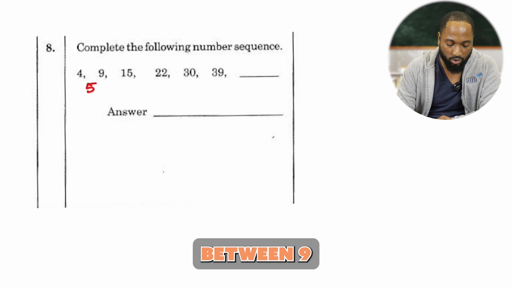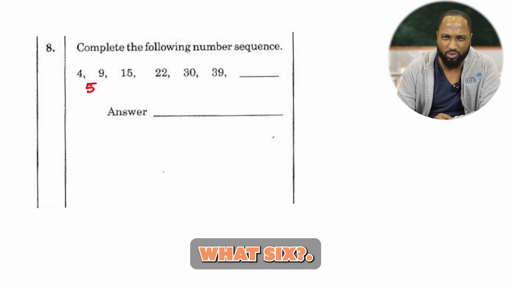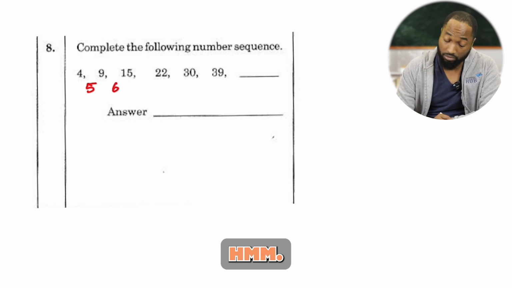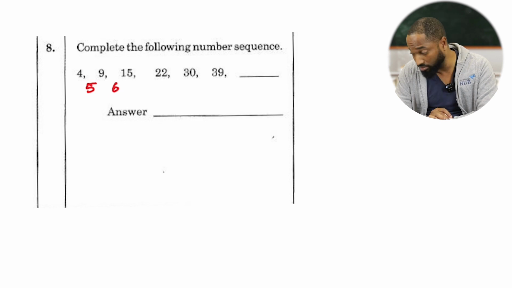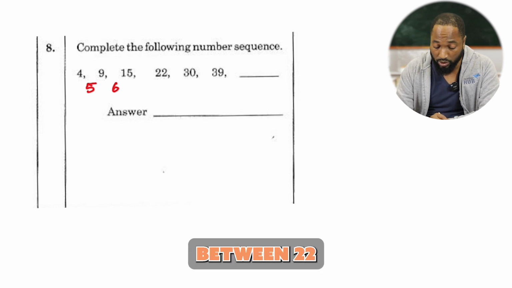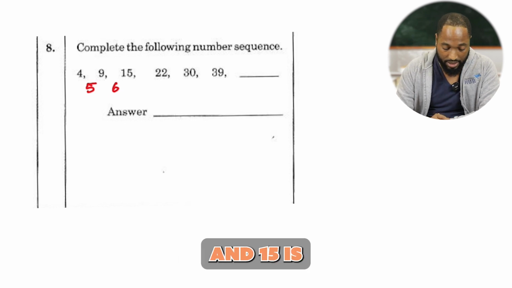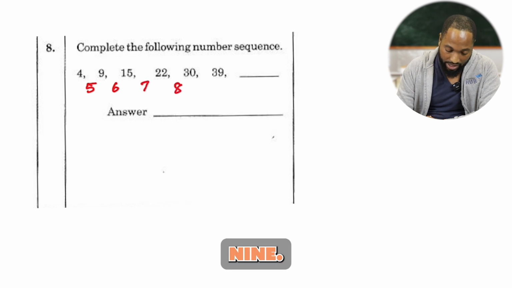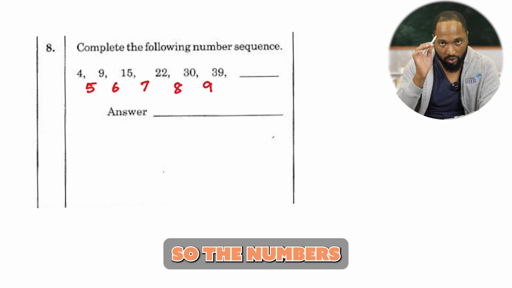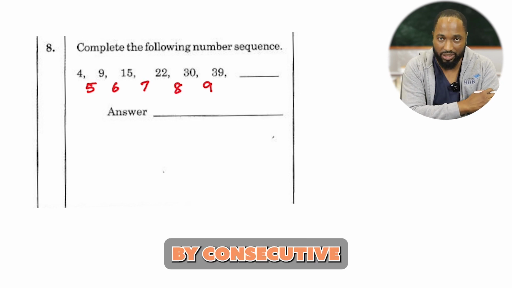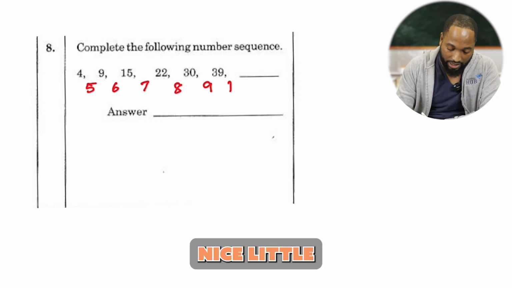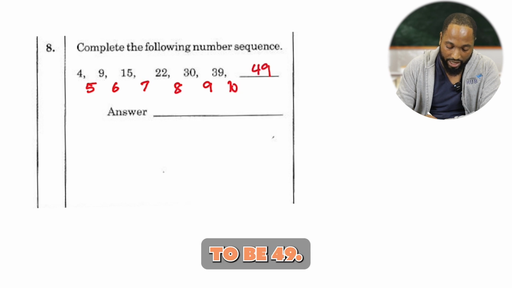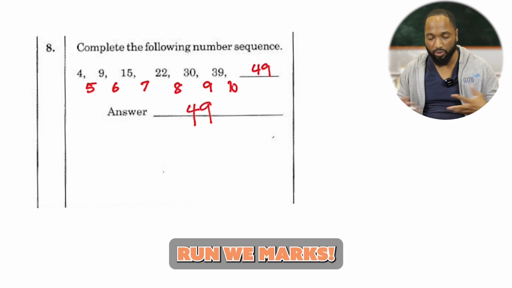Between 9 and 15 is 6. Between 22 and 15 is 7. Then 8, then 9. So the numbers are split by consecutive whole numbers, so I can expect a nice little 10 here. This is going to be 49. We got the sequence.